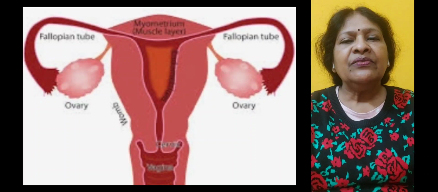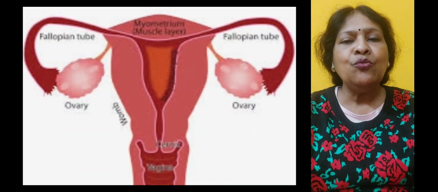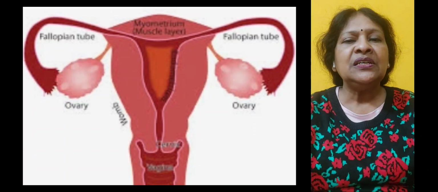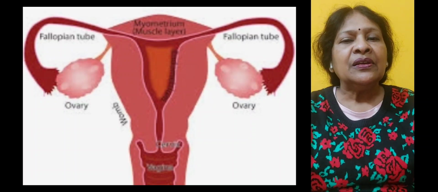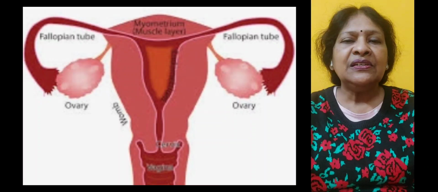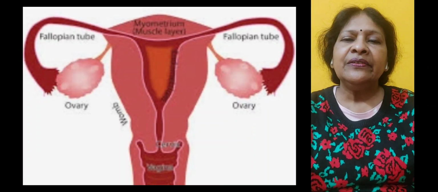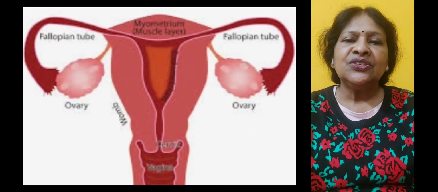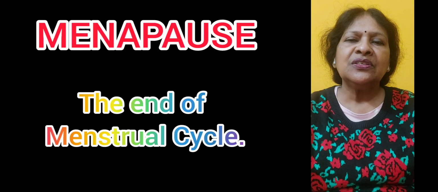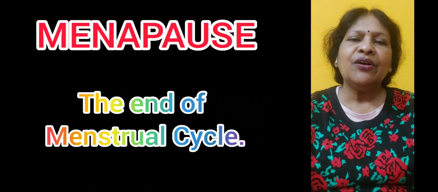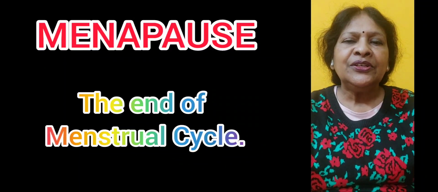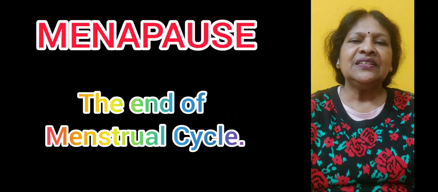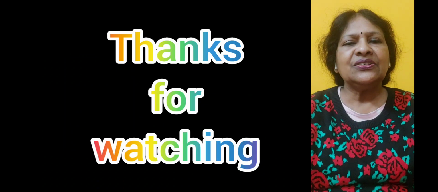At that time, when these follicles are no longer viable, or the amount of hormone produced in the body is not capable of helping the growth of the follicles in the ovary, then there is a stop of the menstrual cycle. This is what we call menopause, and that menopause is the end of the fertile duration in the life of a female. After that, we consider it to be a stage of senescence.